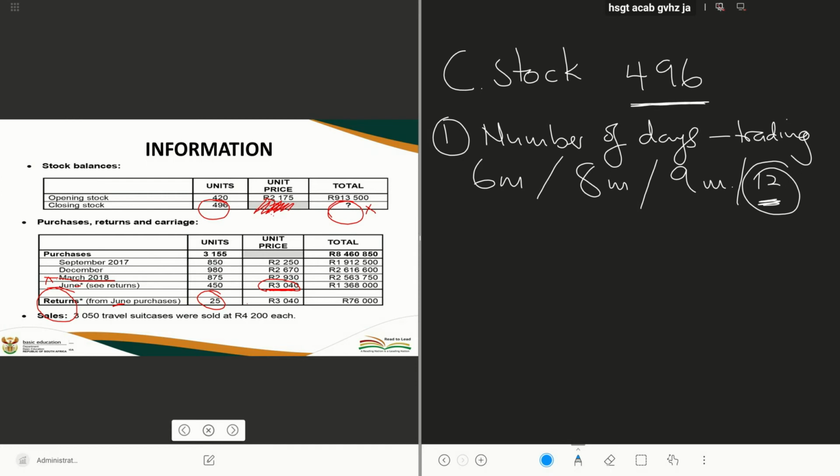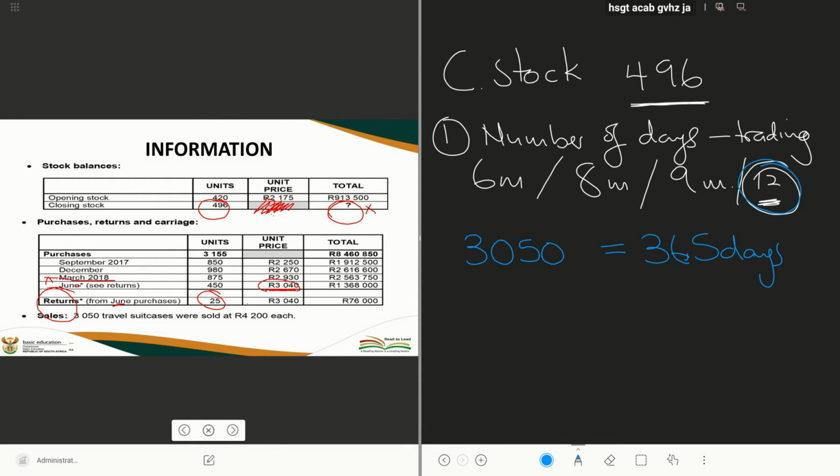How many units did we sell in these 12 months? How many units? They told us in the question. We sold 3,050 units in 365 days.